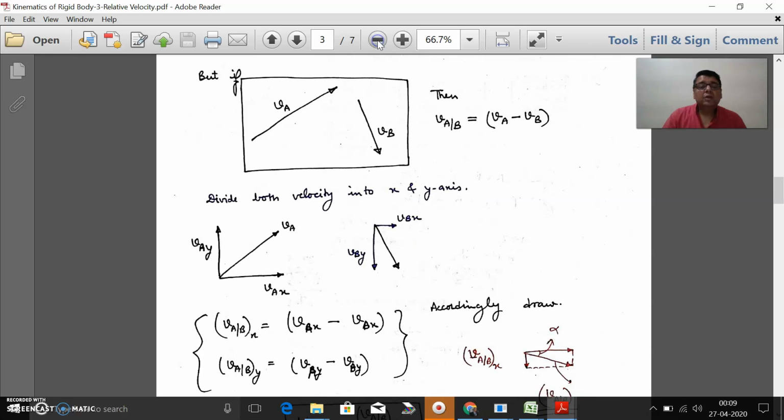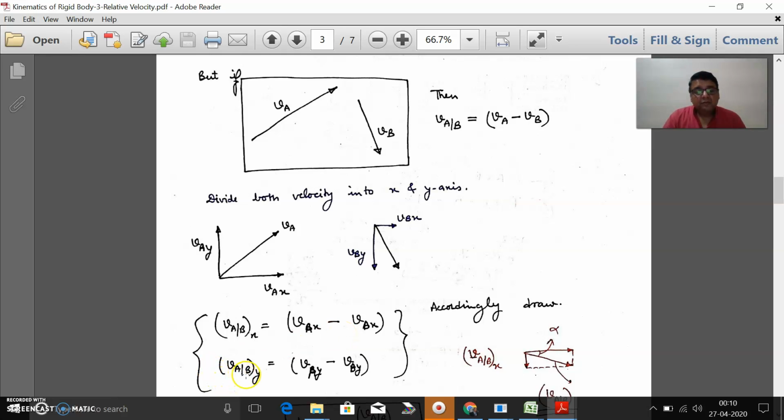What we'll do is divide both VA as well as VB into horizontal and vertical components, and we'll follow one sign convention. The best sign convention is our normal x-axis, y-axis, same four-quadrant rule. So the velocity of A with respect to B, x component, is VAX minus VBX.